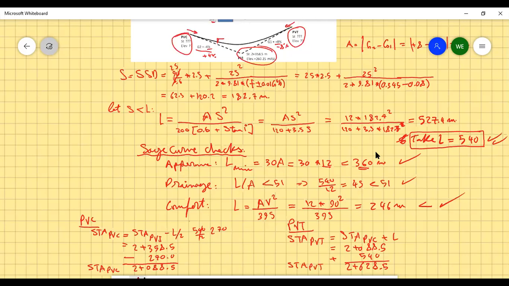For the elevations, let me just erase this.